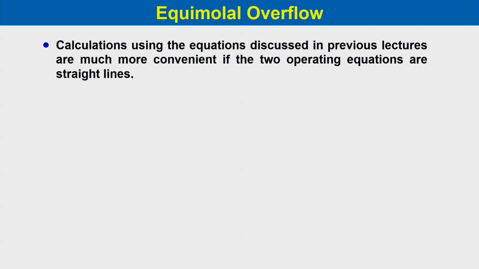Calculation using the equations discussed in our previous lectures are much more convenient if the two operating equations are straight lines. Both rectifying section operating line and the stripping section operating line, if they are straight lines, it would be much easier for the calculation.